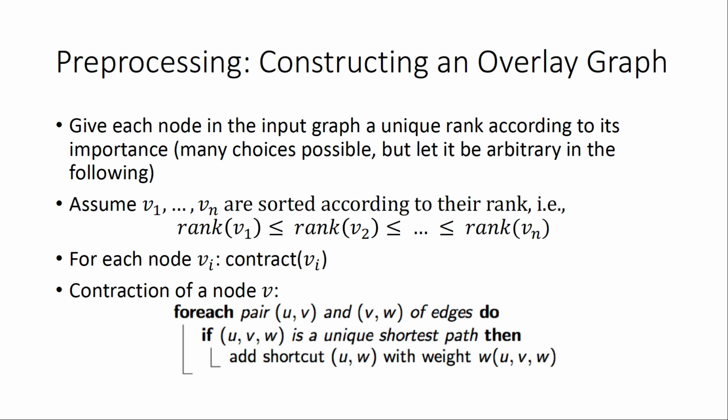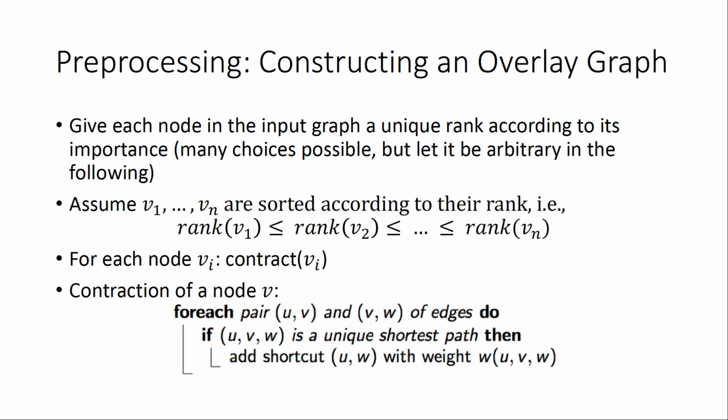Let's add some edges here and there. Let's say all of these edges here are 1. What do I want? I think I want them to be, let's say this is 3. Let's say this is 2. Let's say this is 1. This is 3, and this is 4. This is the input graph. Ranks don't matter. This node is the next one that is going to be contracted.